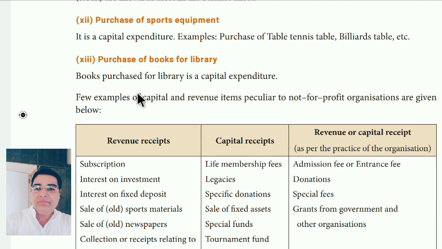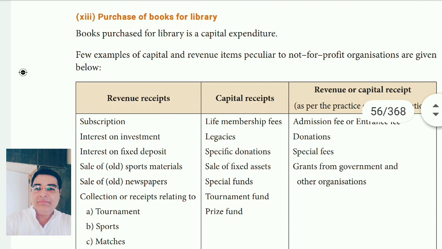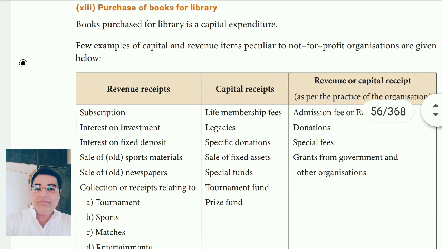Then purchase of books for library. Books purchased for library is a capital expenditure. Then a few examples of capital and revenue items peculiar to NPO are given below.